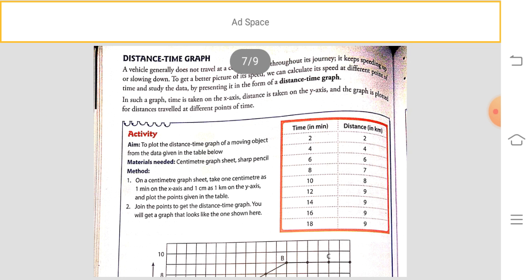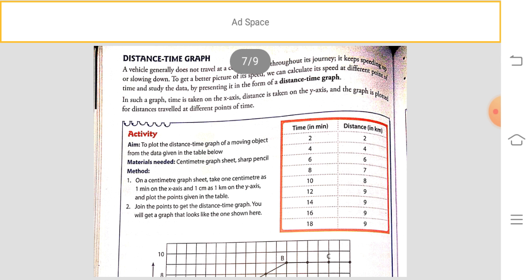The graph drawn between distance and time, which is used to calculate the speed, is known as the distance time graph.